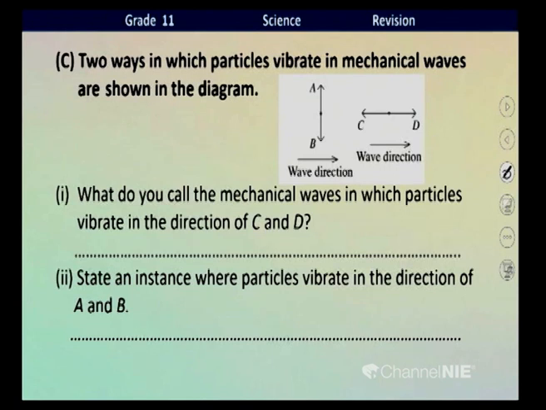Then this must be a transverse type of wave. Here in this figure, CD, particles vibrate parallel to the direction of the wave. If the particles vibrate parallel, that should be longitudinal type of waves. Therefore, what do you call the mechanical wave like CD?